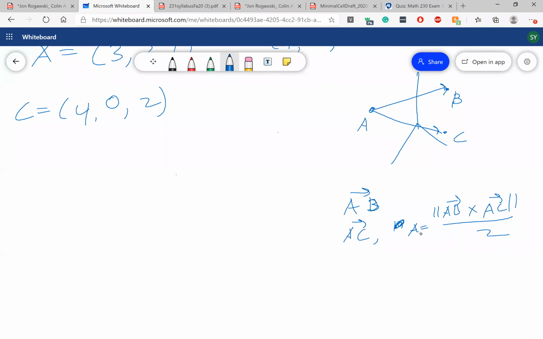So that would be the area. And the normal vector would be AB cross AC. So this is the normal vector of the plane containing these 3 points. So let's find what AB and AC are.